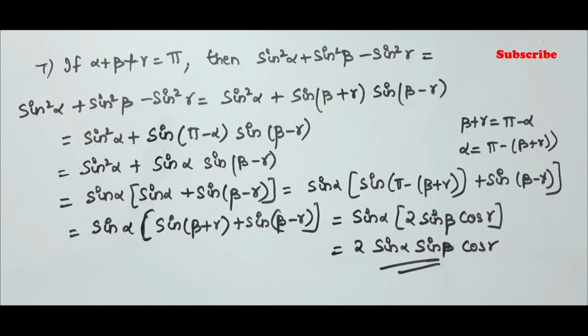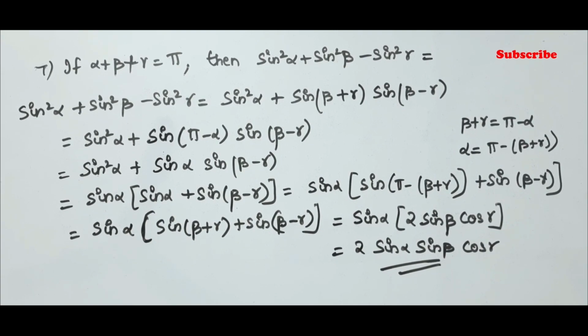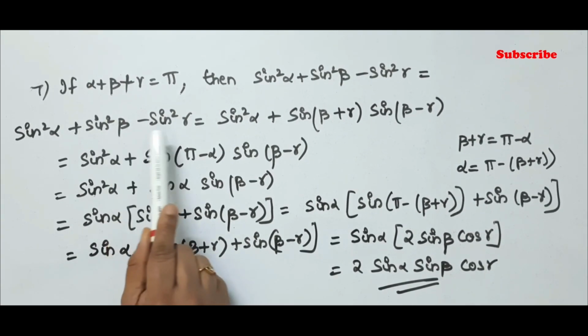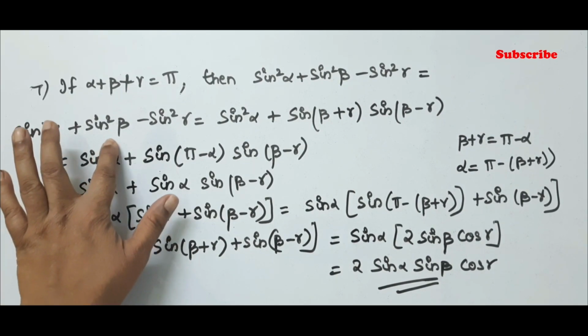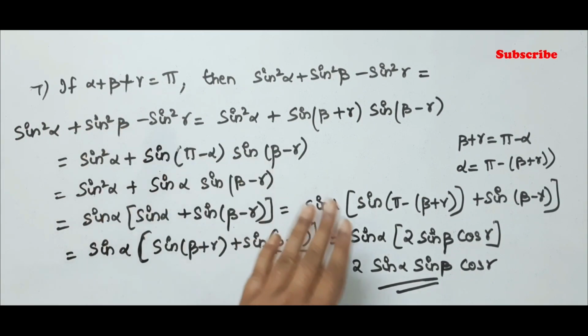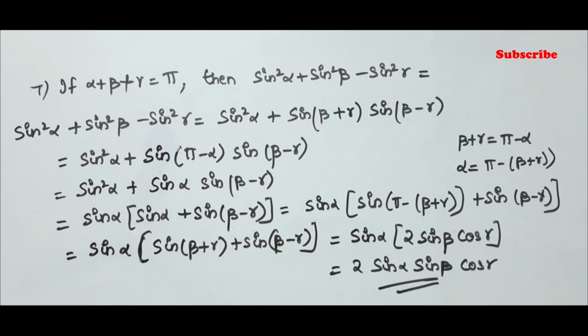Okay. So whenever they give a problem of this type, just try to think how to transform the given terms. Here sin square beta minus sin square gamma is there. Using the formula, I have just written this sin square beta minus sin square gamma as sin of beta plus gamma and sin of beta minus gamma.